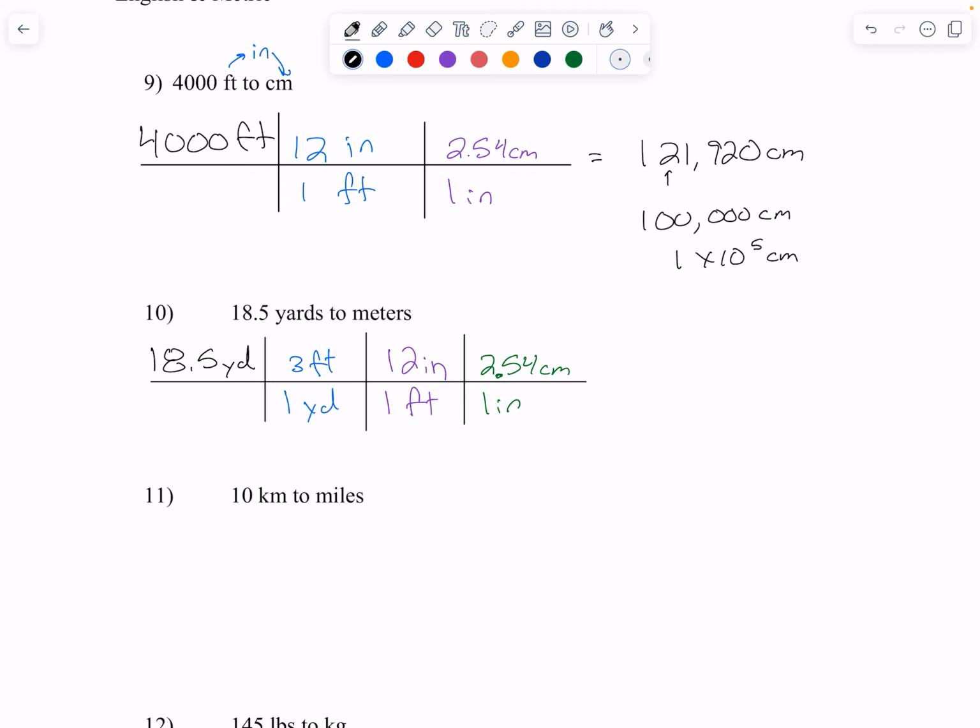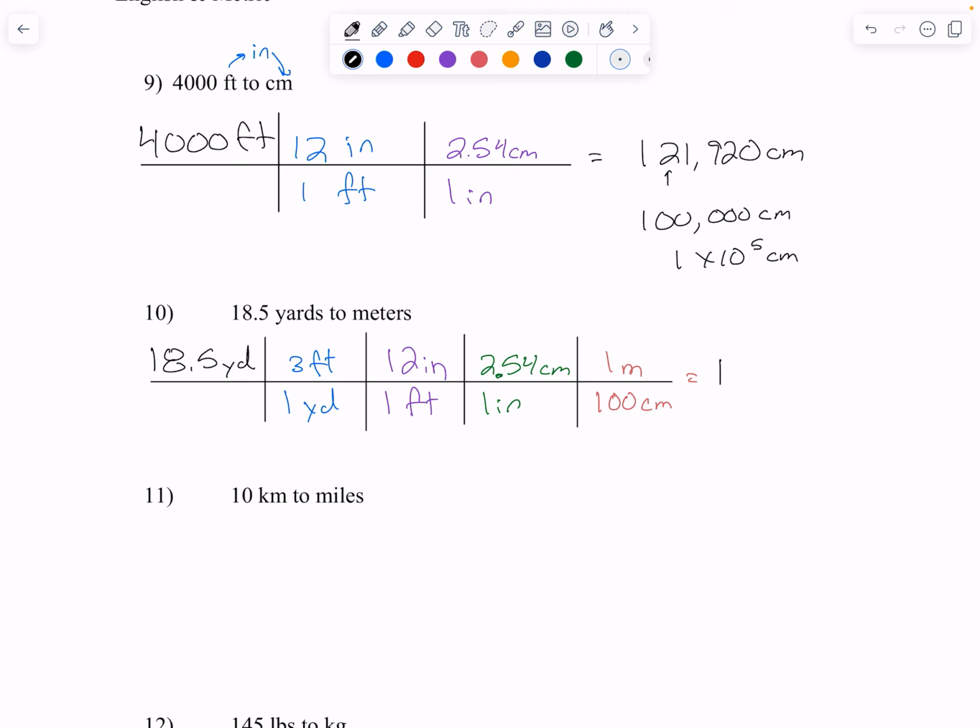And then we know that 100 centimeters is 1 meter. And there we go.